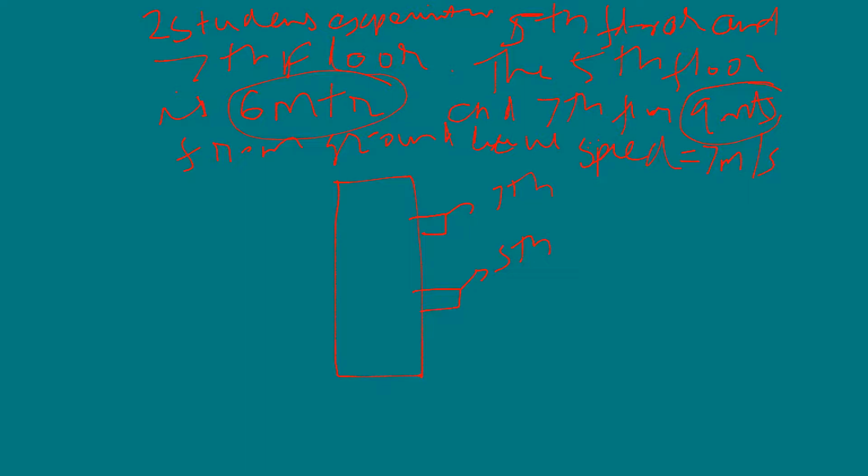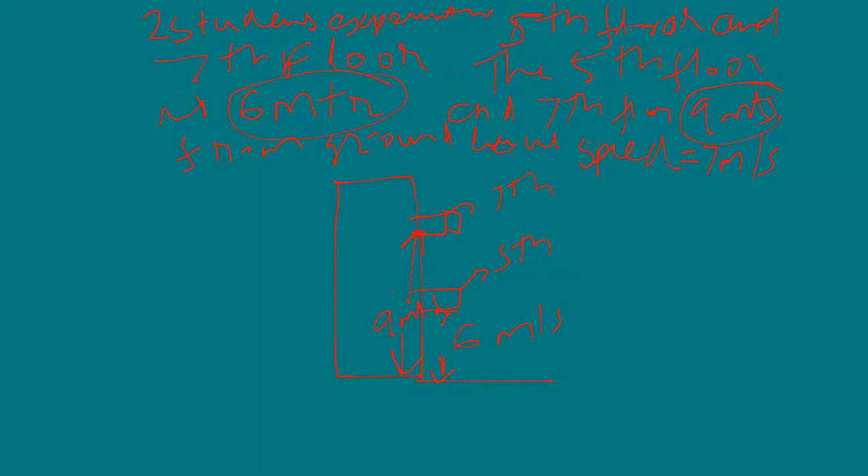The 5th floor is at a height of 6 meters from the ground. This is the ground level. The 7th floor, from here to here, is 9 meters. So these two things we know.